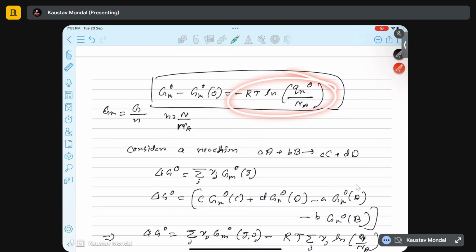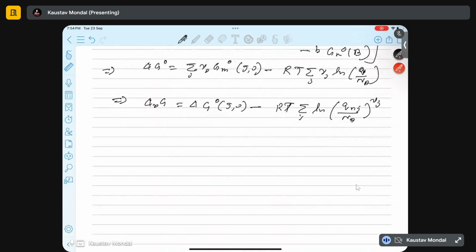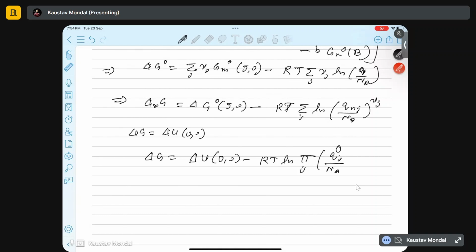Now from here, if you do further algebra, at a certain stage you will get this expression: delta G0 at zero minus RT into summation over J of ln Qm J by Na, by summation over nu J. Now you can write delta G as delta U J comma 0, so delta G equal to delta U J comma 0 minus RT ln the product over J of Q J 0 by Na to the power nu J.